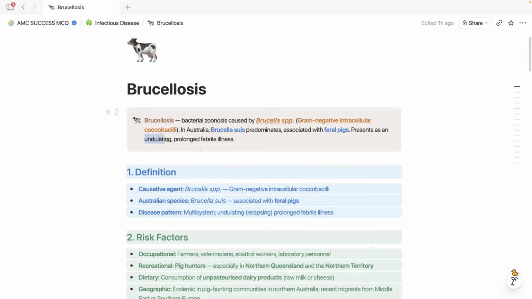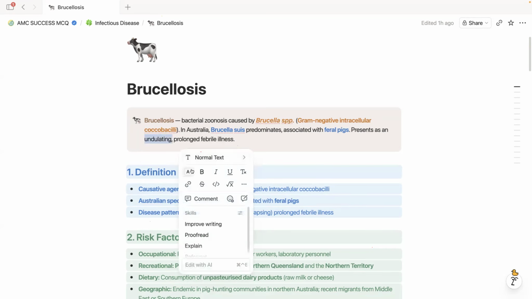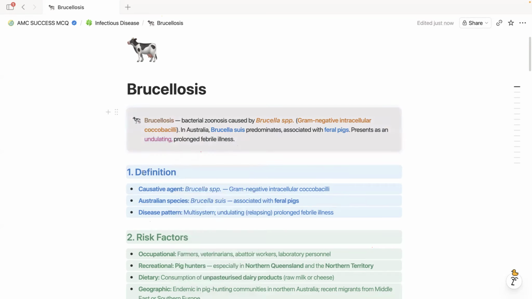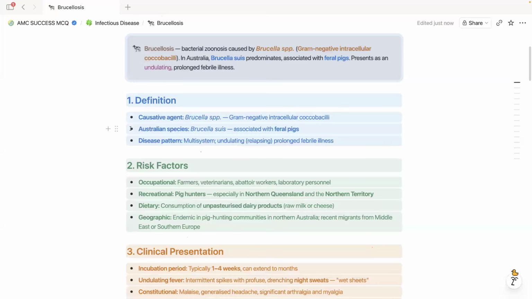Undulating is a very good word, and remember this definition. The Australian species is Brucella suis, which comes from pigs. The disease pattern is a multi-system, relapsing, prolonged febrile illness.